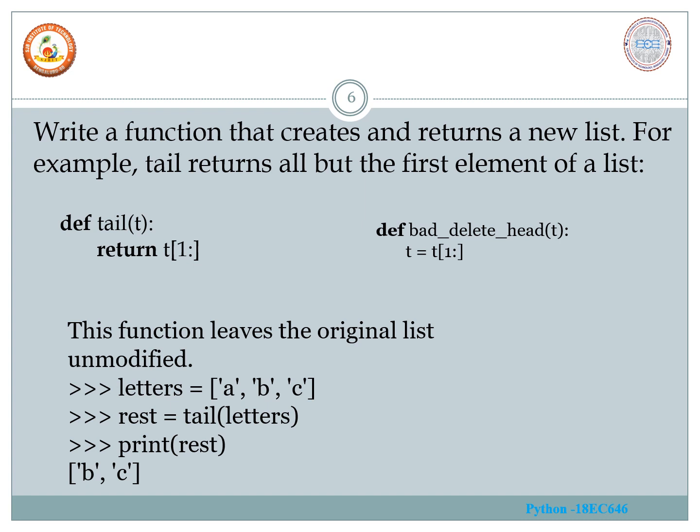See, I am going to write a function that creates and returns a new list. For example, tail. Tail is a function. It is returning all the values but the first element of a list. So here when I try to get the values of t, it is returning all other values but not the first element.